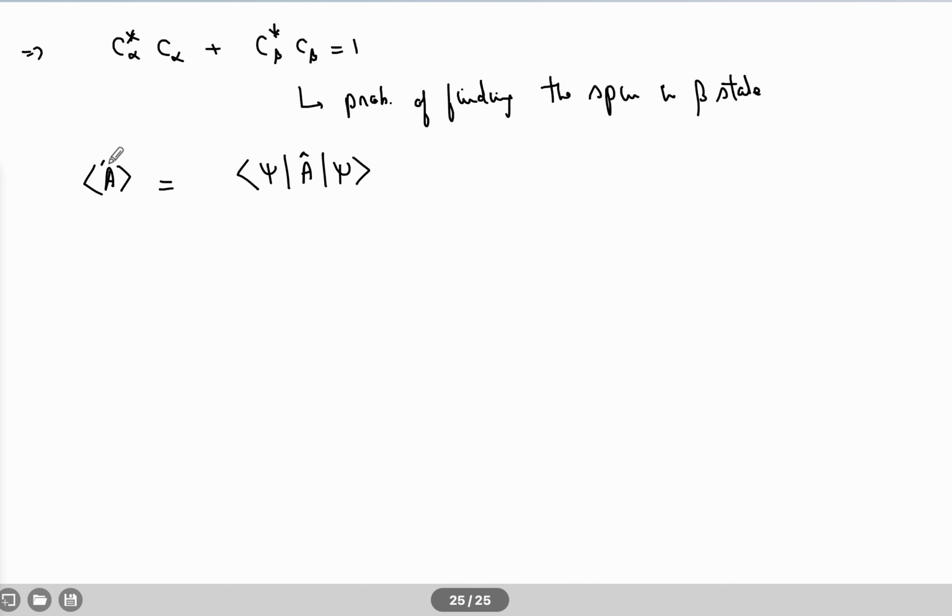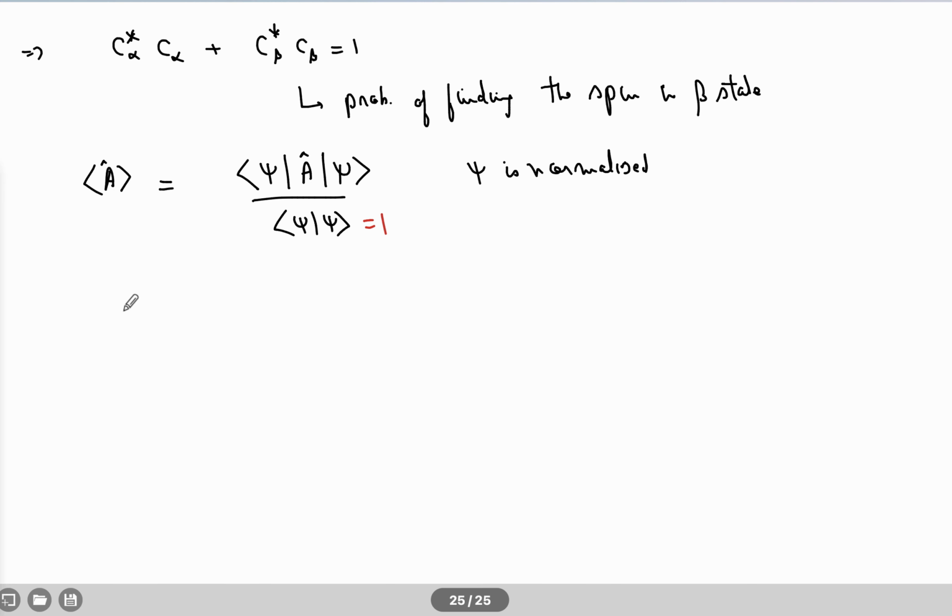So of course I'm imagining that psi is normalized here. Otherwise I will have a denominator also, the denominator will be psi psi, right? But because this is equal to 1, so I'm not writing it over here. Okay, so I'm omitting the denominator part.